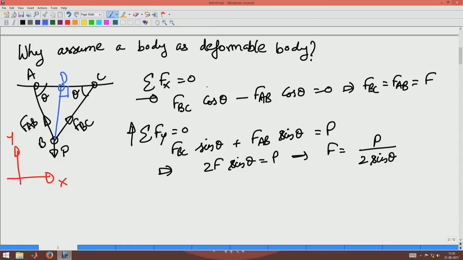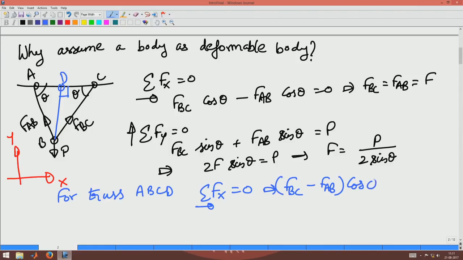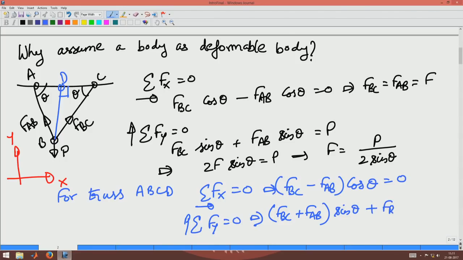The Fx equation will remain the same for truss A, B, C, D. Sigma Fx equal to 0 would imply, same as before, FBC minus FAB into cos theta must be equal to 0, but summation of the vertical forces would imply that FBC plus FAB sin theta plus FBD has to be equal to P, where this is FBD. Okay.